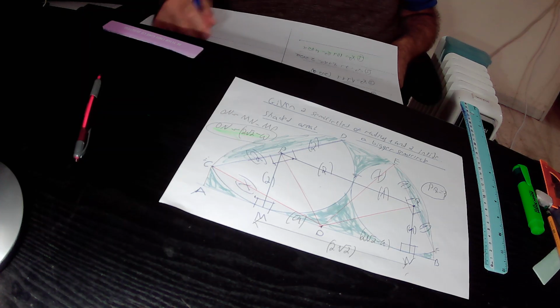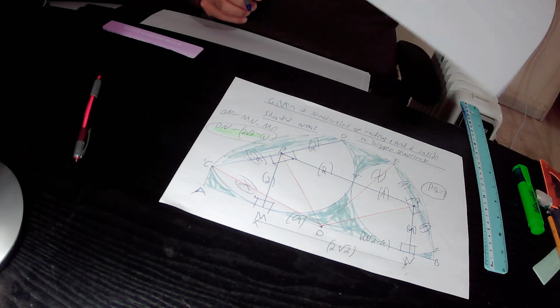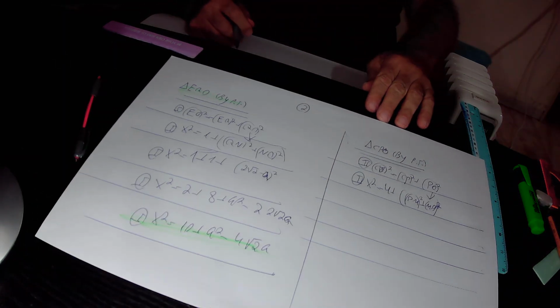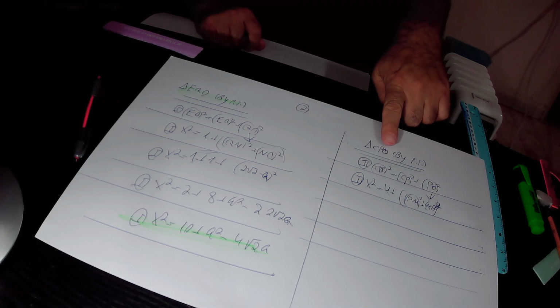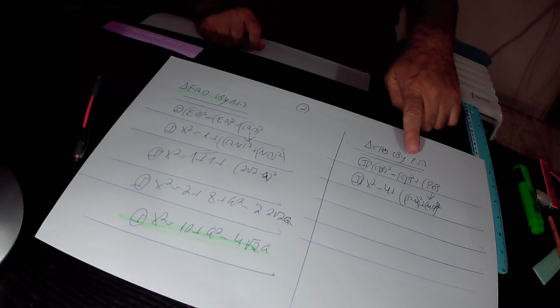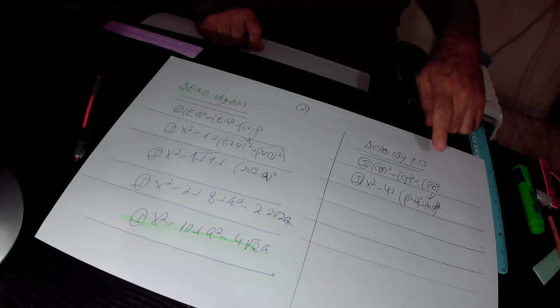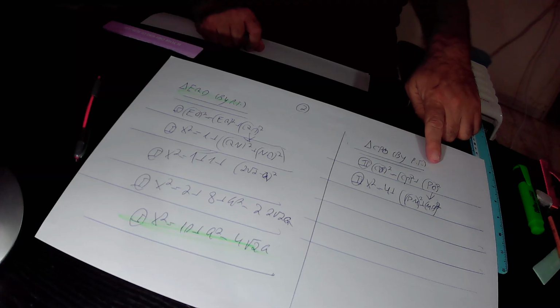And again, in total, CO squared equals CP squared plus PO squared. CO is x, therefore CO squared is x squared, and it equals CP squared. CP is 2, therefore CP squared is 2 squared, that is 4, plus PO squared.